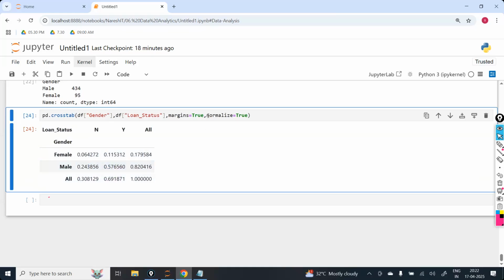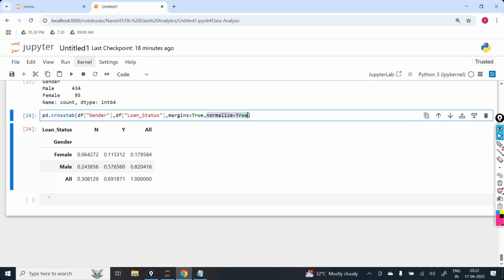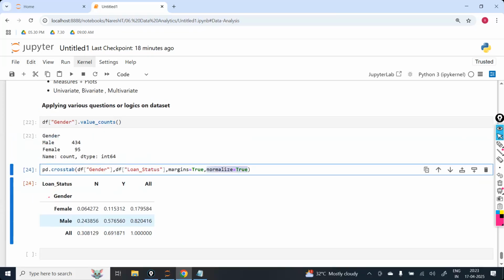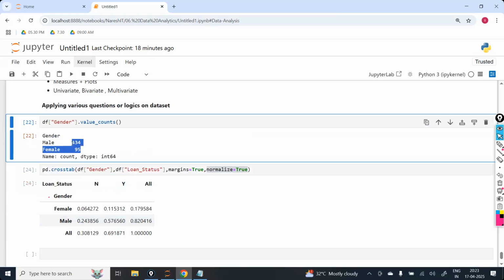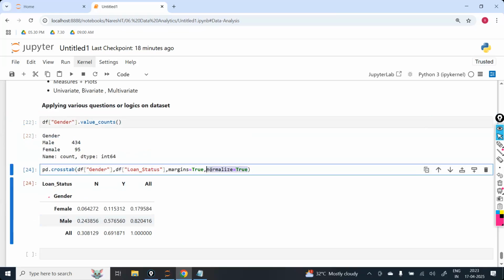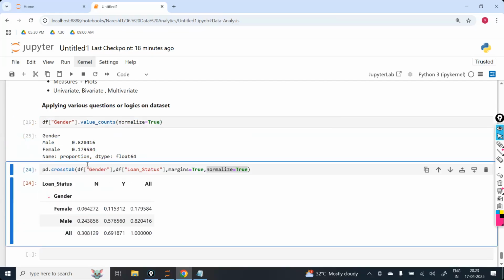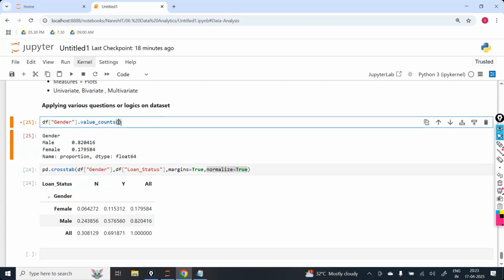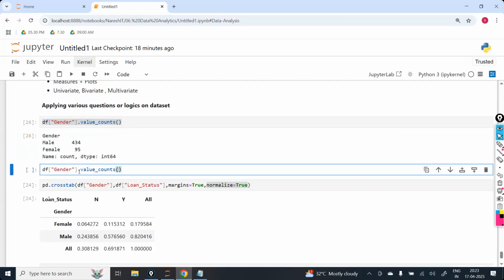What is this normalize equal to true means? It is going to divide the data with the total. See here, what is this total here? 529. Now if I write normalize equal to true, what happens? It is just dividing by 529. Normalize equal to true means it is just dividing by the length of df.